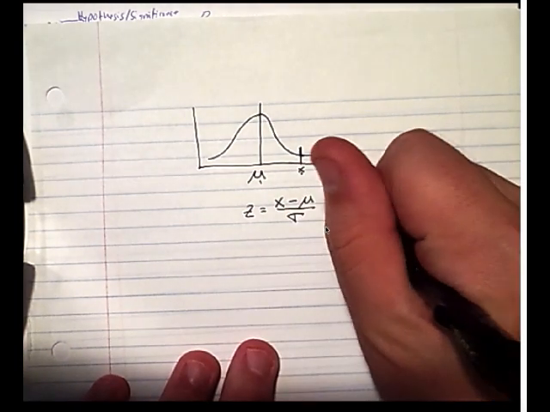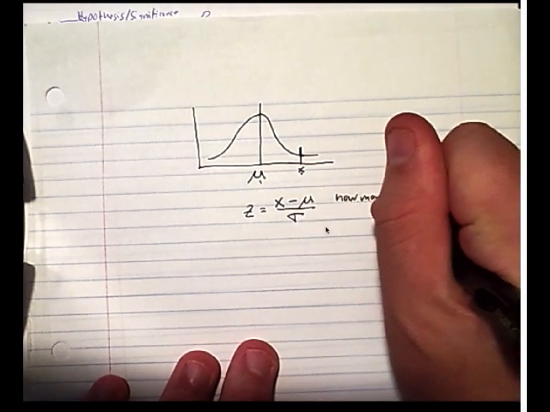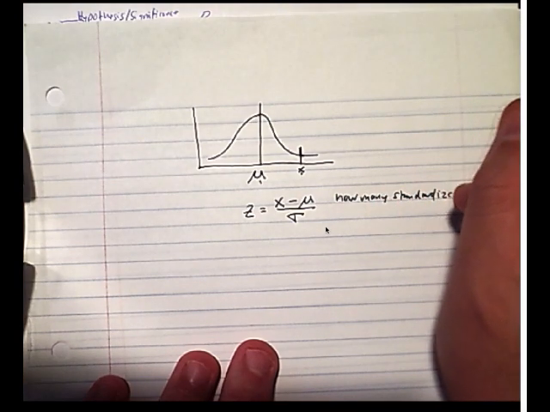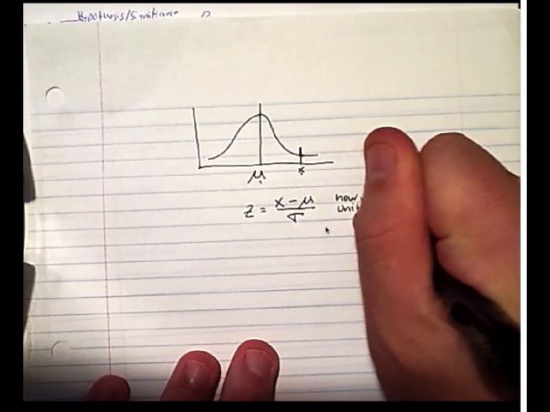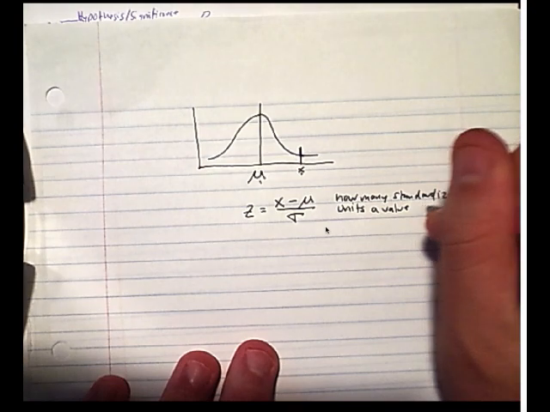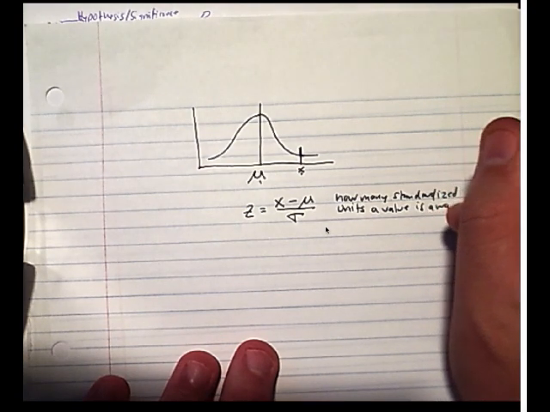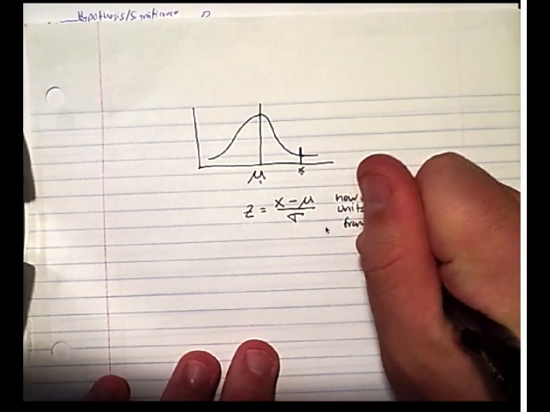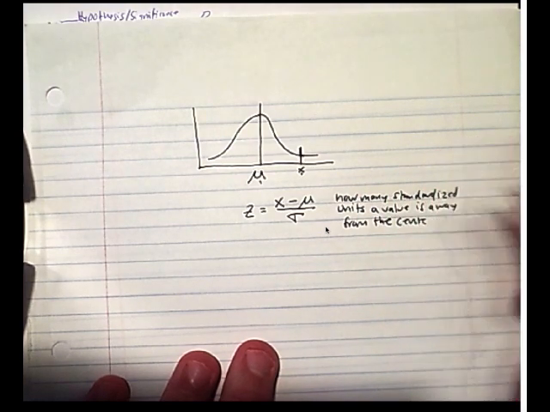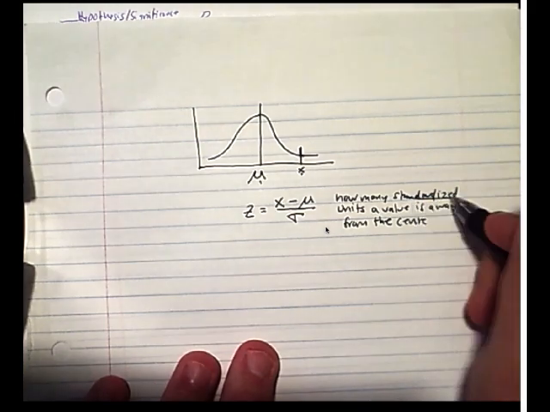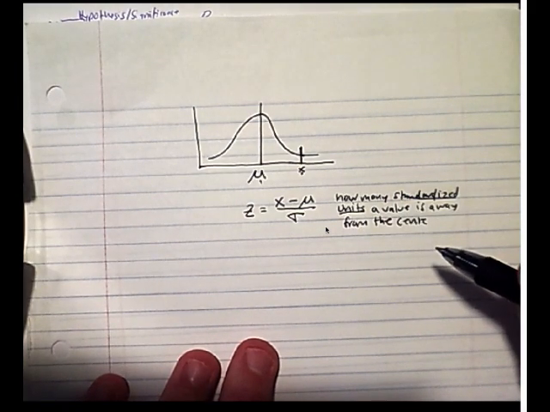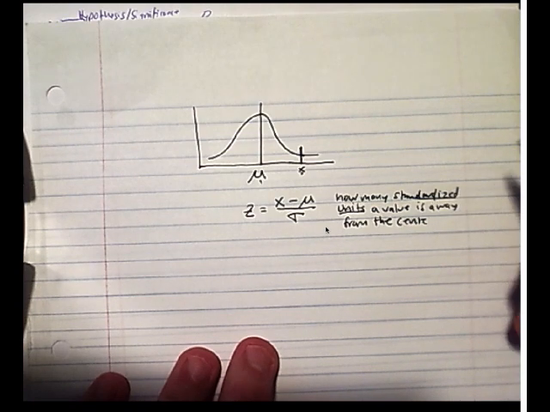So a Z-score is how many standardized units a value is away from the center. Now these standardized units were the number of standard deviations.